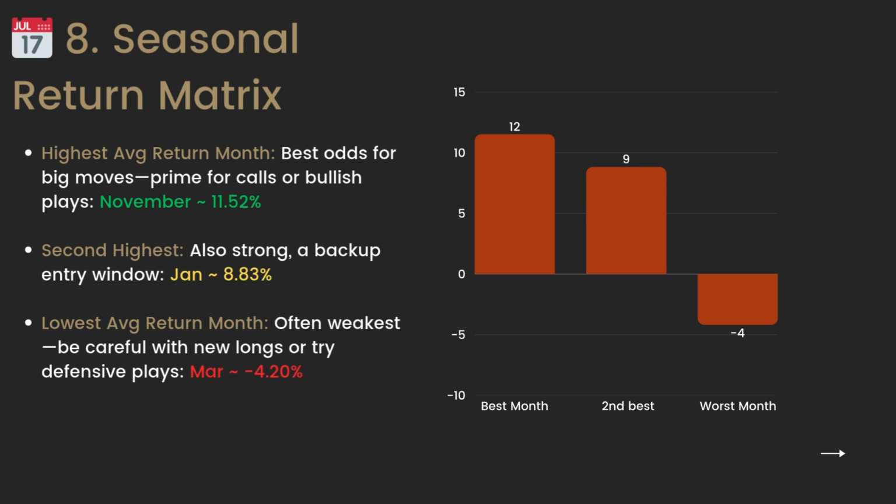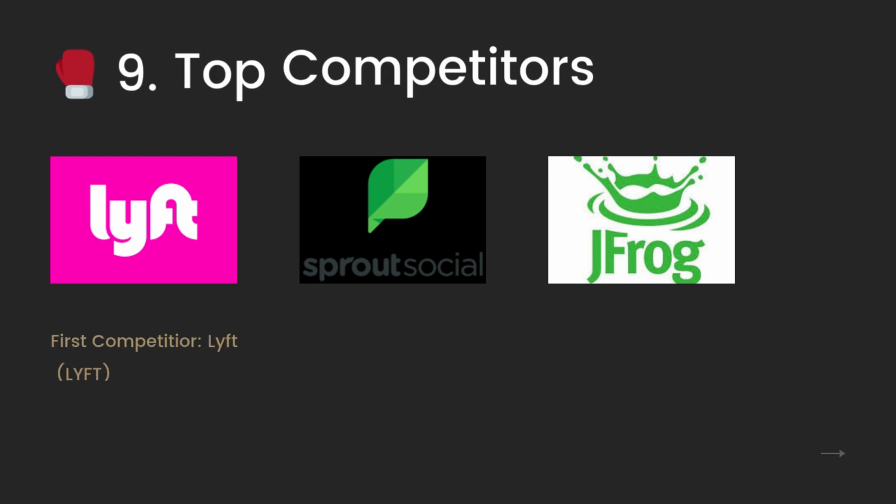And then the second highest month for it is January at 8.83%, which is also pretty damn solid. And then a good point to actually get into the company at its lowest average return would be March, because that's about negative 4.2%. They usually have a nice little pullback, so that is good for you.